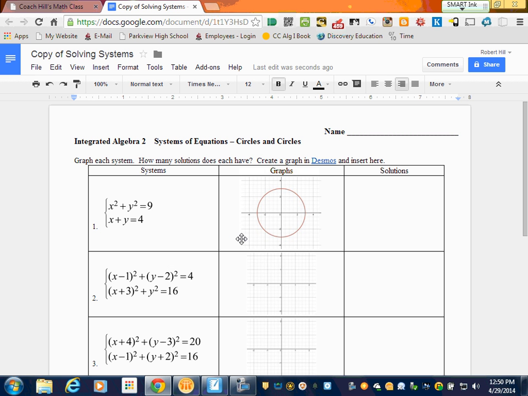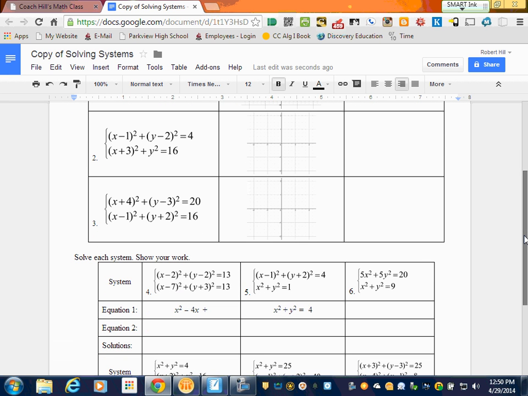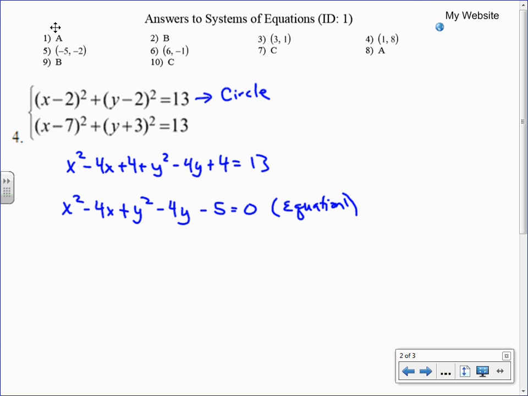And then I'm going to show you how to change this when we get in the lab. Okay, in problem number 4, guys, that's down here at the bottom. I changed equation number 1 to say something different. I'm going to change equation number 2 to say something different. You're going to have another paper and pencil sheet of paper to have the work on. Okay, the work is what we're doing here.